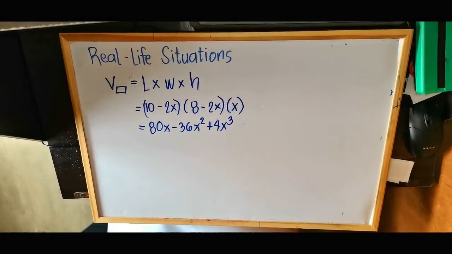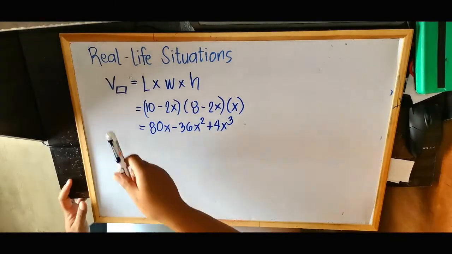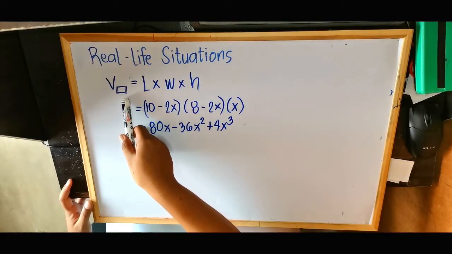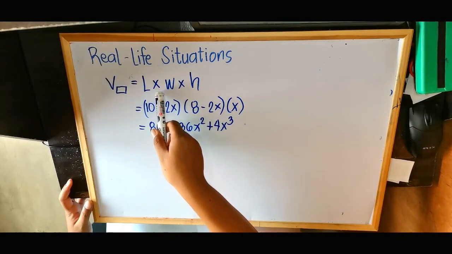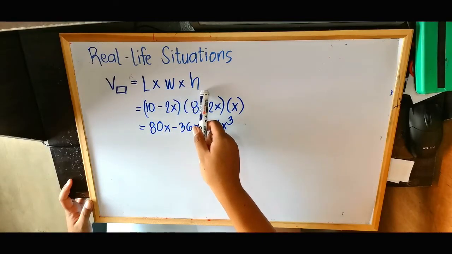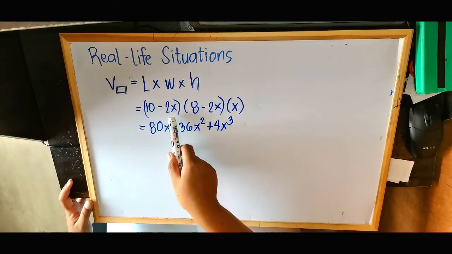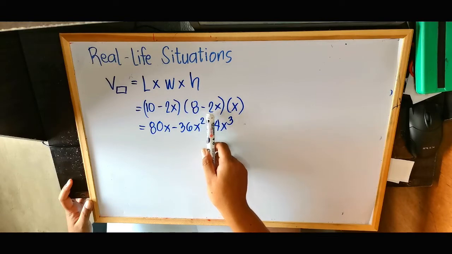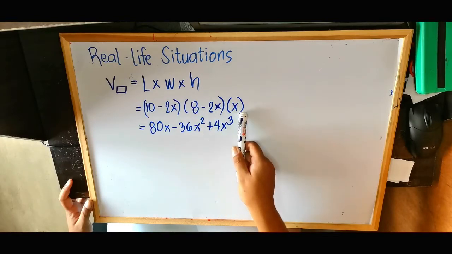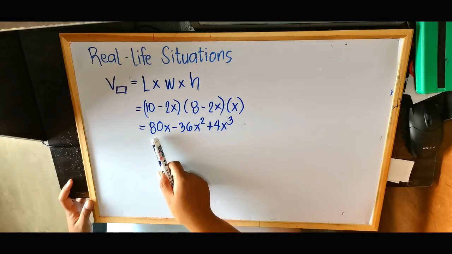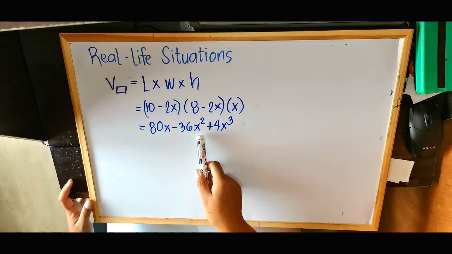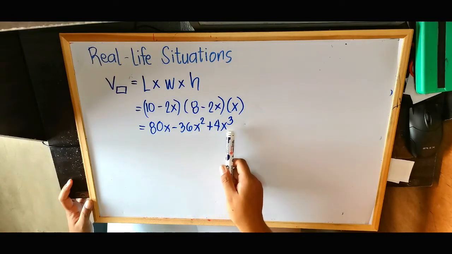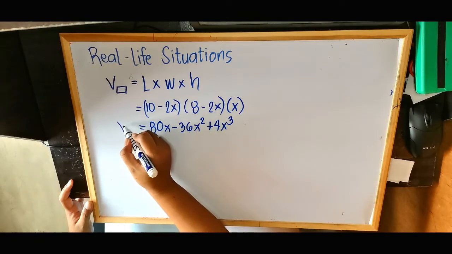So, children, our answer earlier is that the volume of the rectangular box is equal to length multiplied by width multiplied by height. And the length we got earlier is 10 minus 2x multiplied by the width, which is 8 minus 2x, and our height is x, which results to 80x minus 36x squared plus 4x cubed. So, this is the volume of our rectangular box.